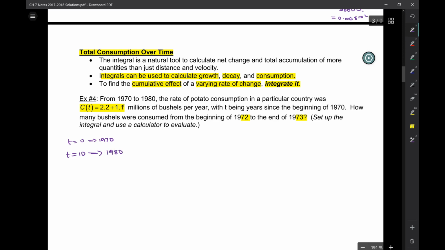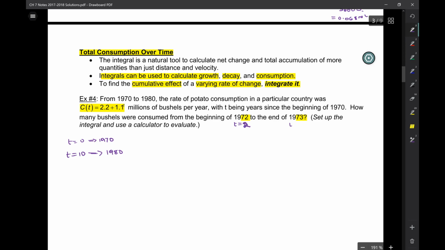Now, this is talking about the beginning of 1972, so the year is 2, to the end of 1973. How many total years is that? The beginning of 72 is 1 year. To the end of 73 is 2 years.